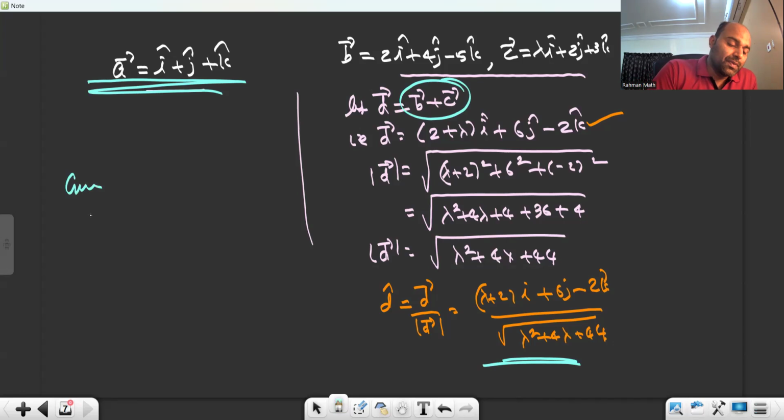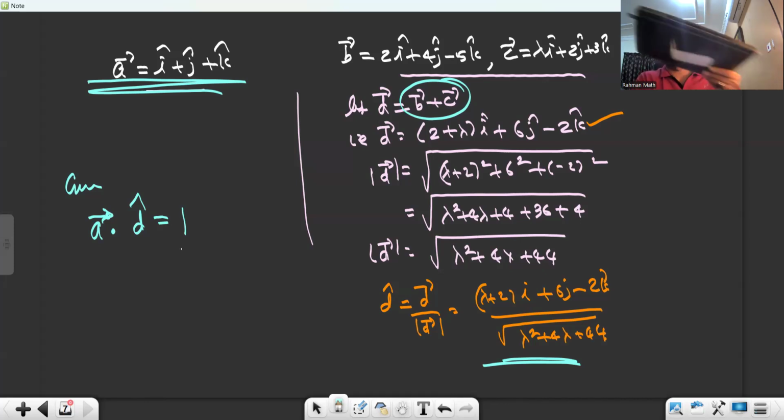Given that A dot D cap equal to 1. But in the cross product, we take the magnitude of the sum of the unit vector, because cross product is always what? A vector only. Anyway, when I'm discussing that module, it will be clear. Equal to 1.